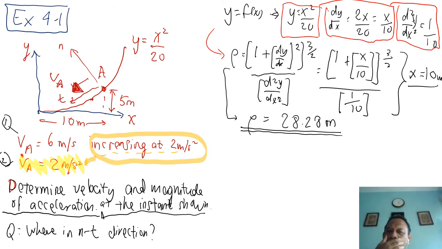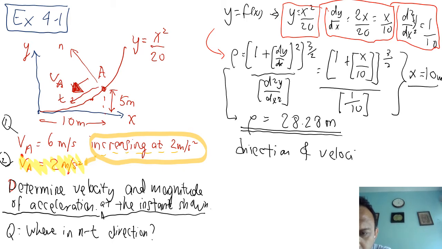What are we going to do with this rho? So from here, we can now determine a few things. We need to determine the direction of the velocity. So the direction of velocity is tangent to the path.